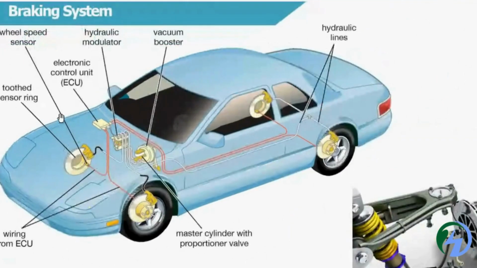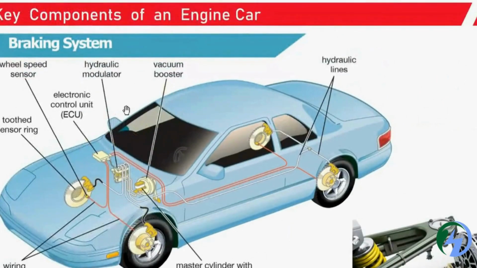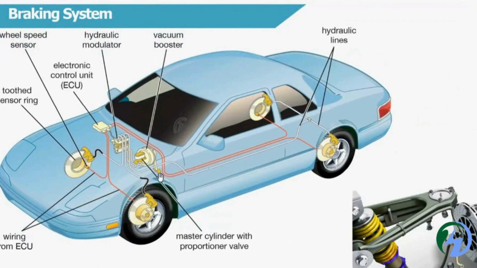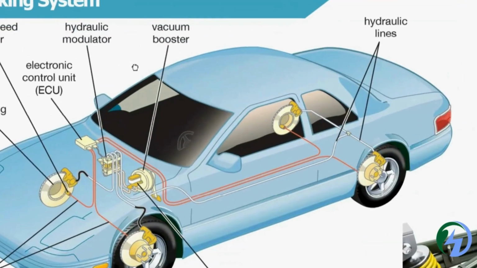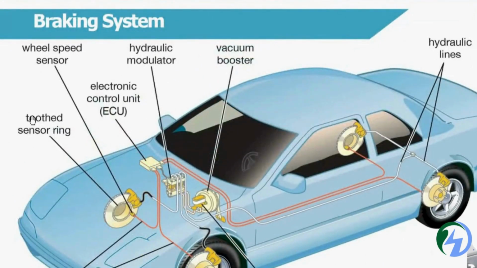Next is how this braking system is configured in the hydraulic case. Here we have a vacuum booster, and a hydraulic system aligned with it, where the speed sensors are placed. Those sensors and the ECU, our microcontroller, are connected with a hydraulic modulator and some vacuum meter.